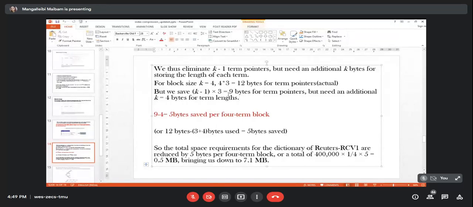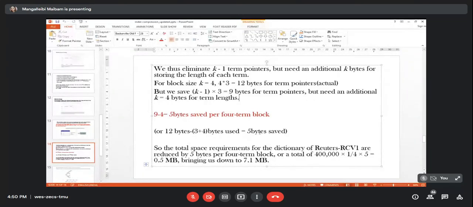So 9 bytes was the number of bytes we saved, and 4 bytes is what we are going to spend for term length. So 9 minus 4, which is 5 bytes. For every block we are going to save 9 bytes, sorry, it would be 9 bytes, but for every block we save only 5 bytes. Okay.